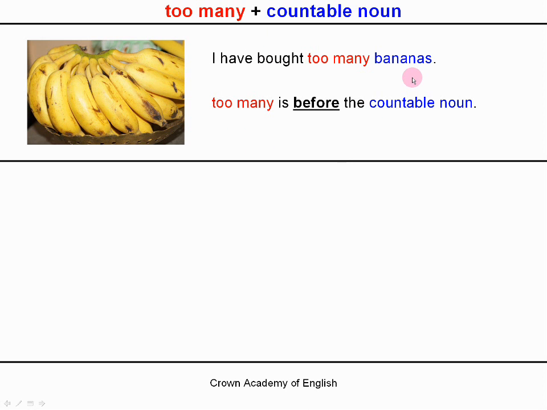So if the noun is countable, then we must use too many. And of course, the countable noun is in the plural form. So we must write the letter S at the end to indicate that it is plural.